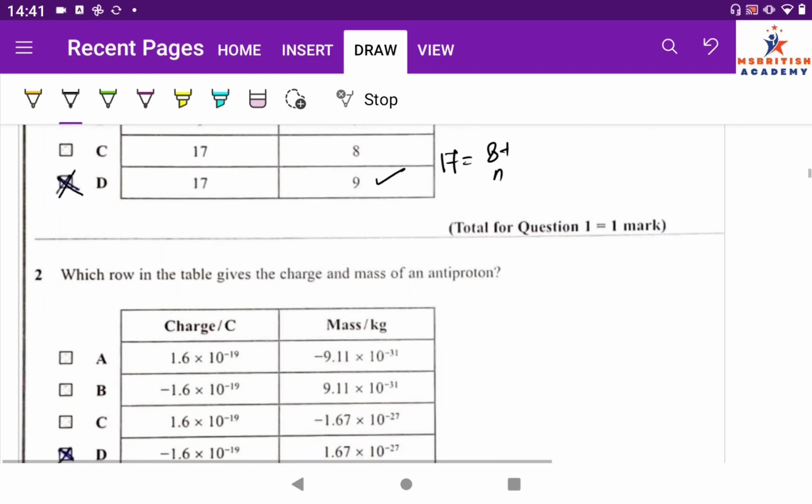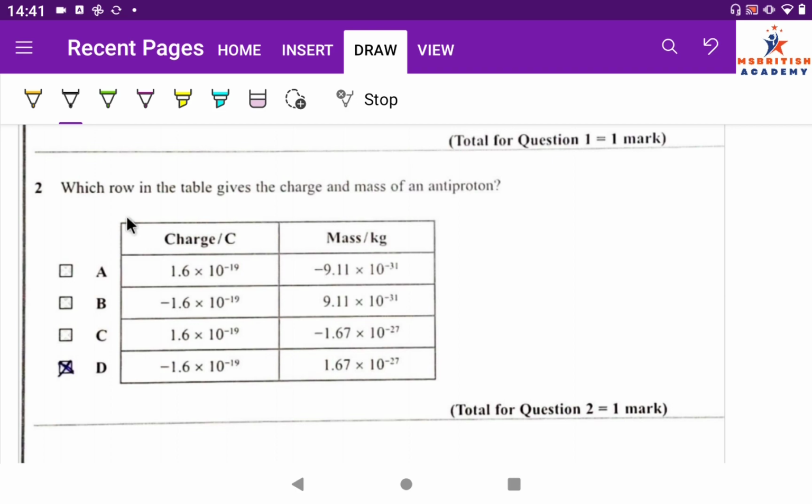Okay, question number 2. Which row in the table gives the charge and mass of an antiproton? So an antiproton is like an electron. Proton means positive charge, and electrons have negative charge.